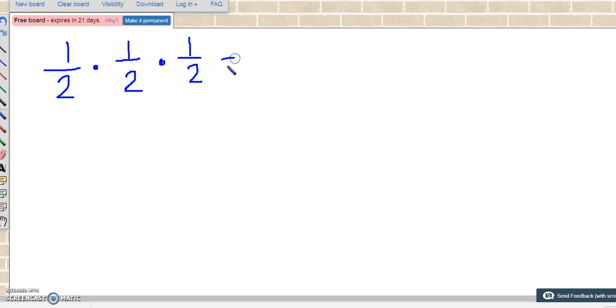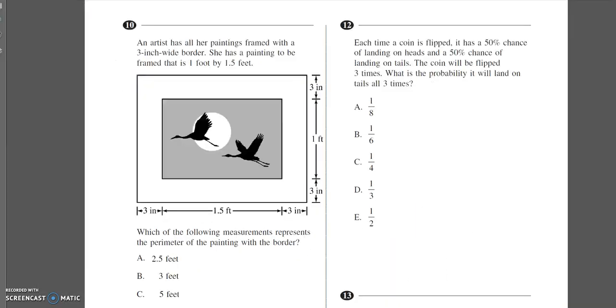We are going to multiply these because that's how you work probability problems. Multiplication of fractions, multiply straight across the top, we get a 1. Multiply straight across the bottom, 2 times 2 is 4, 4 times 2 is 8. So you've got a 1/8 chance, which is A, that this is going to land on tails all 3 times.